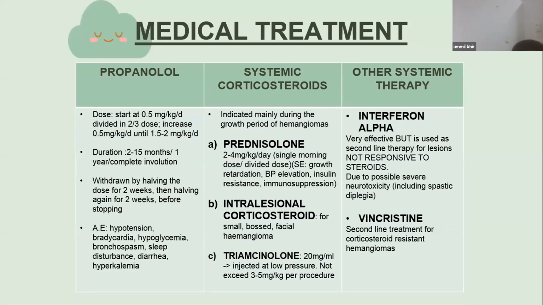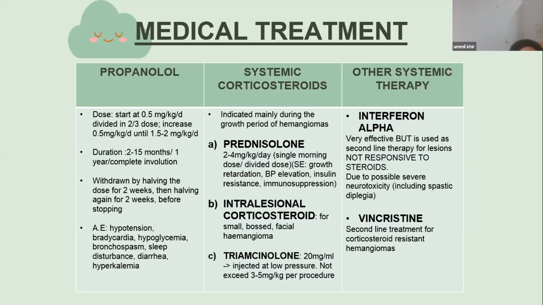The duration ranges from 2 to 15 months, but it is proposed that propranolol should be continued for 1 year or until the lesion involutes completely, as rebound growth has been noted if treatment is withdrawn too early. So propranolol is withdrawn by halving the dose for 2 weeks, then halving again for 2 weeks before stopping.